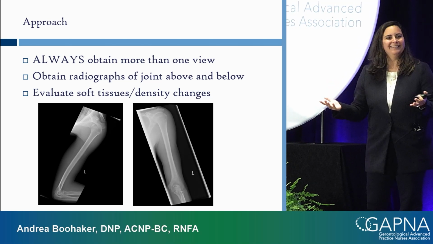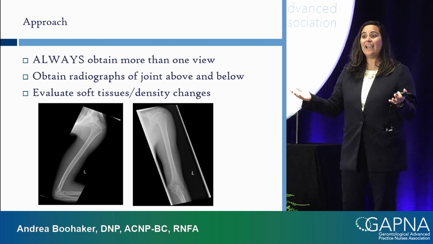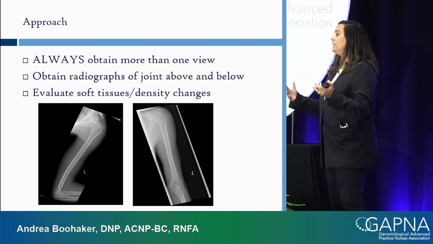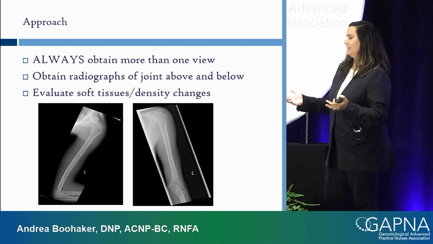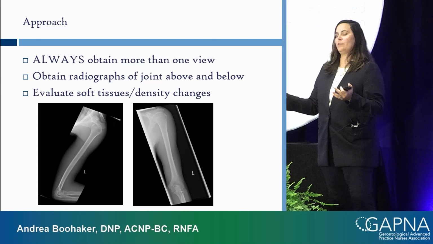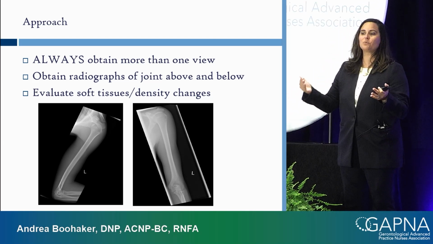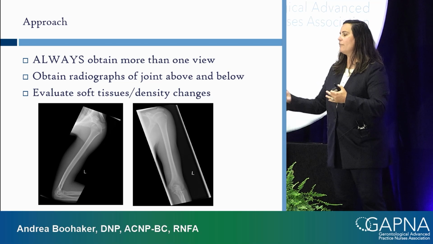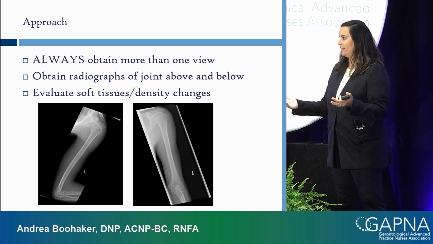That's bad, right? And that hurts. And another instance of where you probably could have avoided surgery and proceeded with conservative management, but because we didn't get appropriate views or the correct joint above and below, we missed the diagnosis.